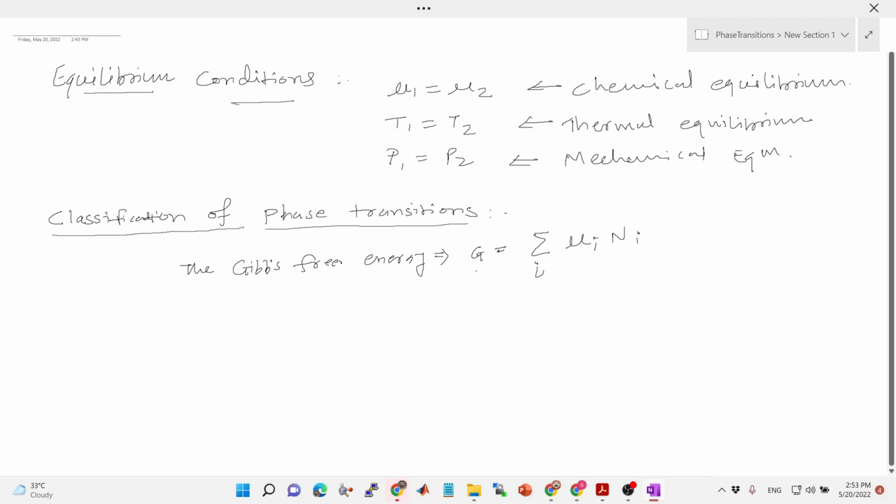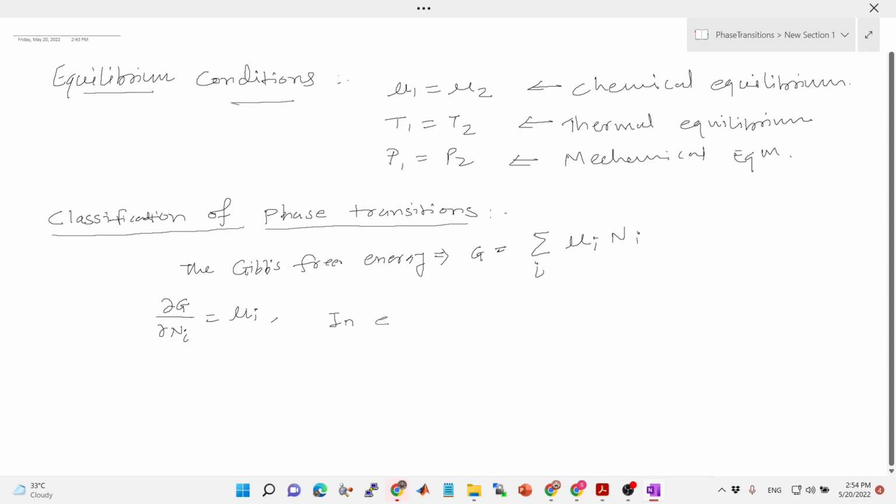So if we differentiate the Gibbs free energy with respect to the number of particles in phase 1 or phase 2, we're going to get mu_i.